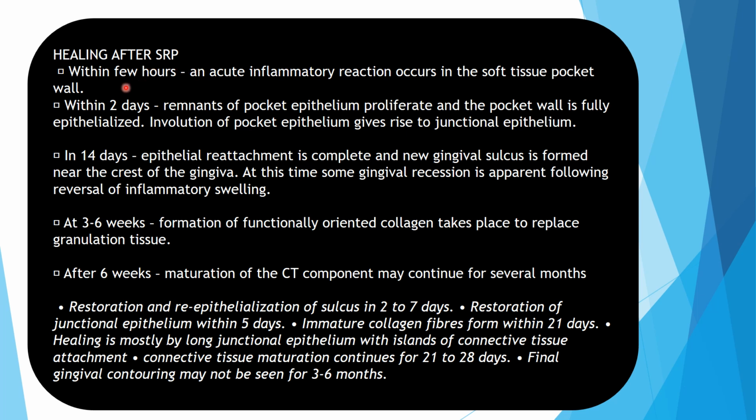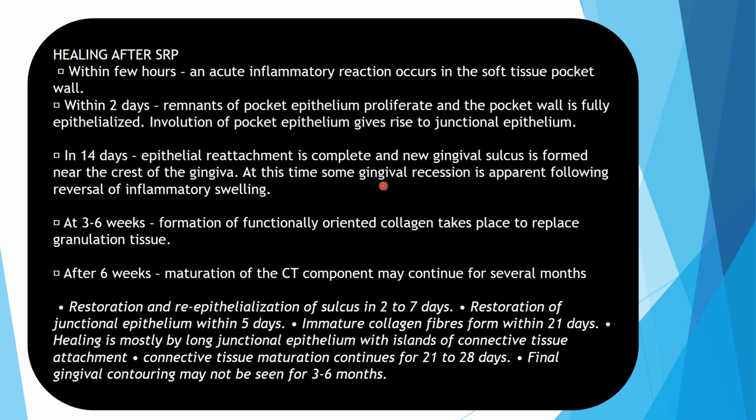Within a few hours, an acute inflammatory reaction occurs in the soft tissue pocket wall. Within 2 days, the remnants of pocket epithelium will proliferate and the pocket wall will be fully epithelialized. This involution of pocket epithelium will give rise to junctional epithelium. In 14 days, this epithelial reattachment is complete and a new gingival sulcus will be formed.